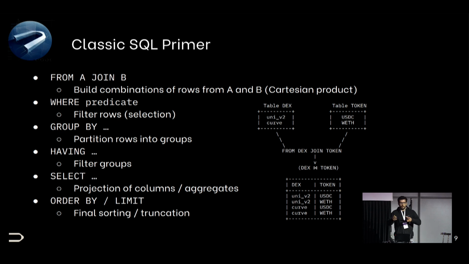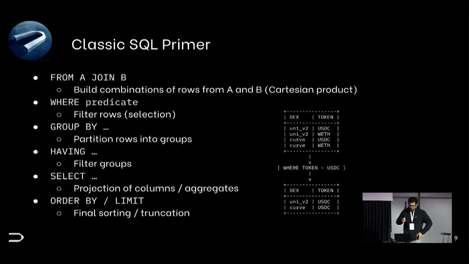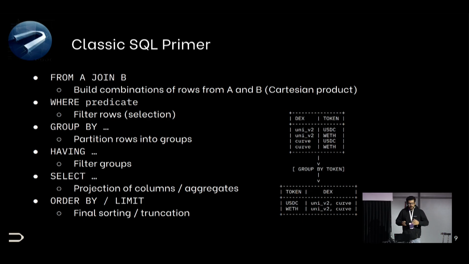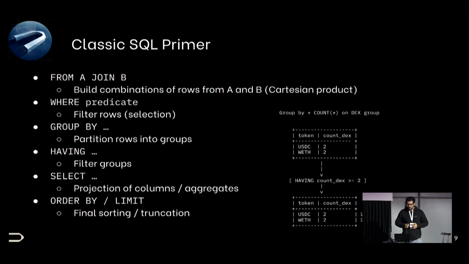And there are algorithms that, as long as you have indexes, will make the join pretty fast. This is a WHERE clause. It's basically a filter. It filters your result set. The GROUP BY clause puts your result set into different buckets, depending on what you're grouping on. HAVING is like a WHERE clause, but it only works on the buckets and the aggregates that work on the buckets.